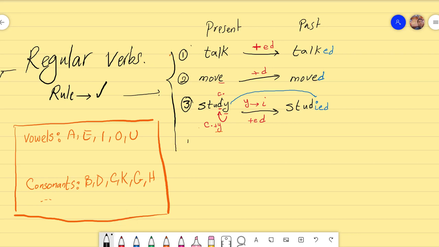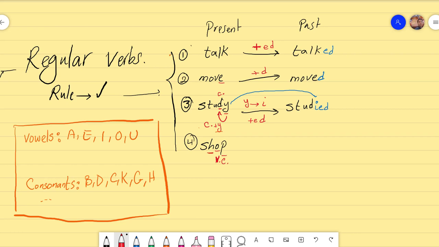Now, one more, and then the rules are over. Look at this one. Shop. What is the last letter? P. Is P a vowel or consonant? It's a consonant. Before that, O. It's a vowel.